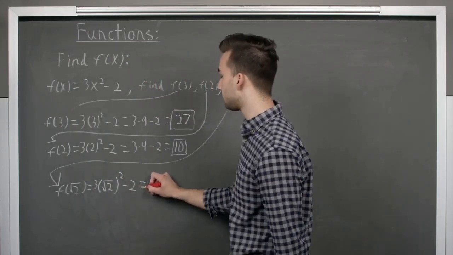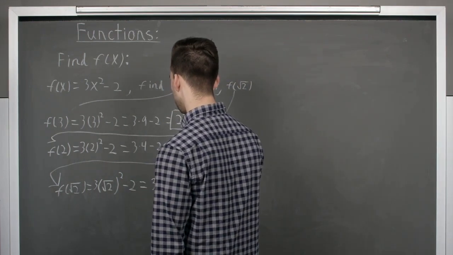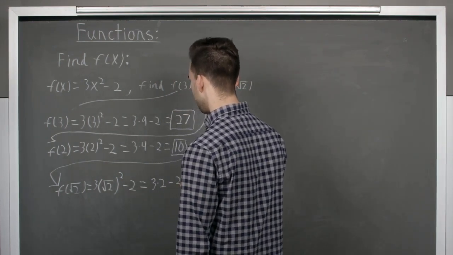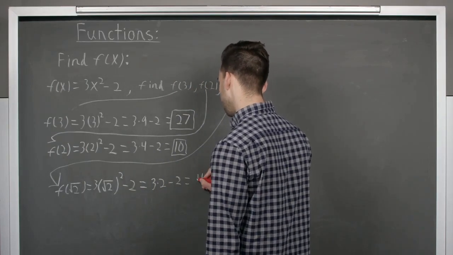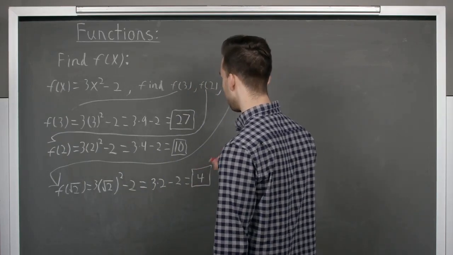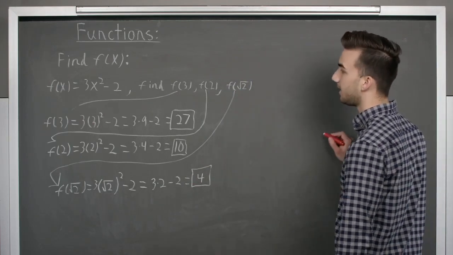So square root of 2 squared is just 2, so we have 3 times 2 minus 2, which is 6 minus 2, which is 4. So that's our solution for the last one, and that is how we do it.